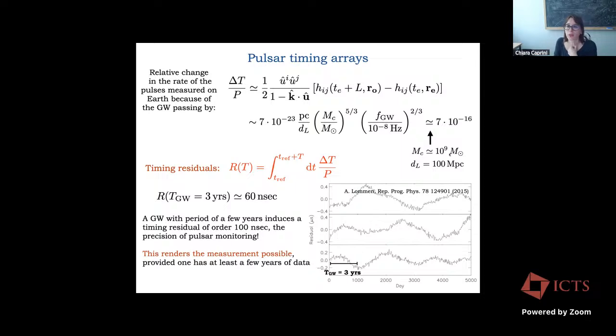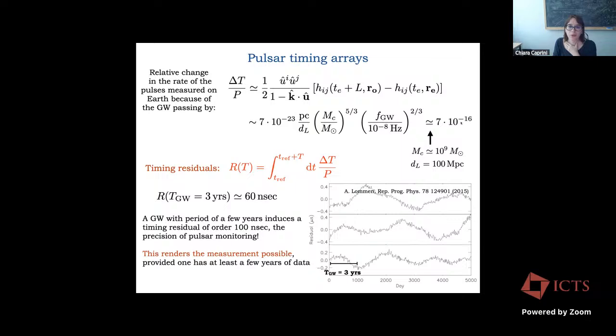Therefore, if one puts 10 to the 9 solar masses and the binary at a distance of 100 megaparsec, so at the center of some faraway galaxy, one finds that this particular shift is tiny, of the order of 10 to the minus 16.